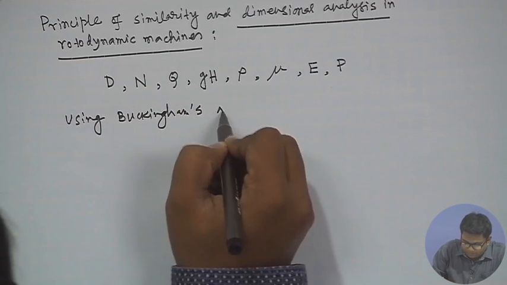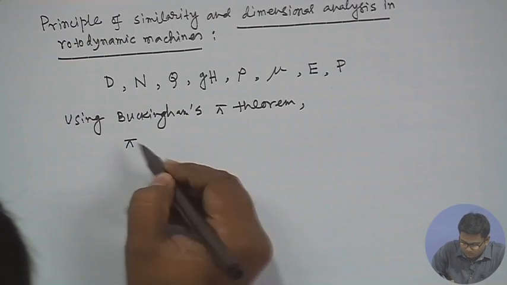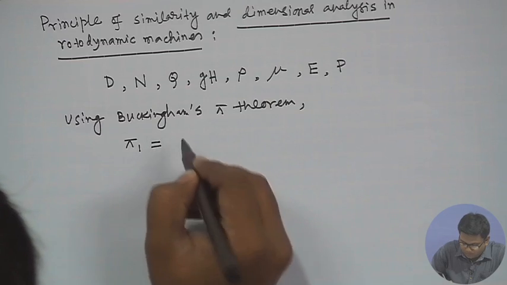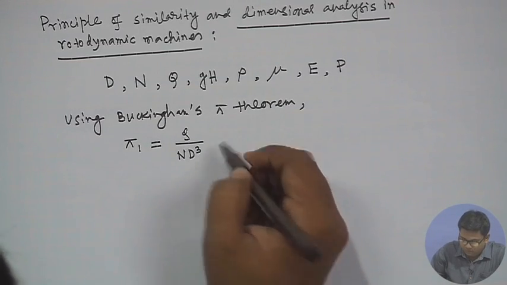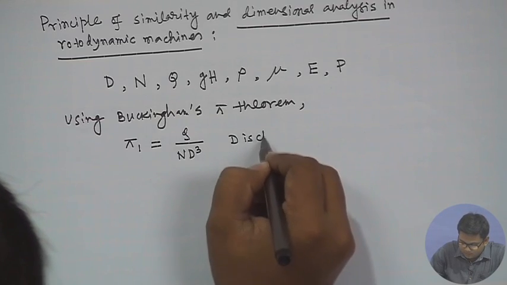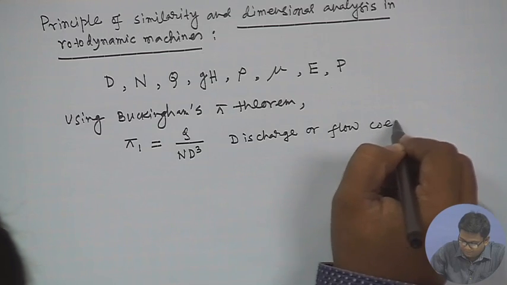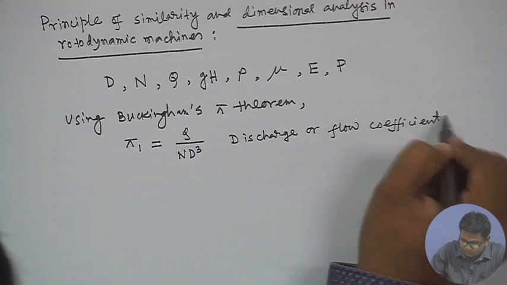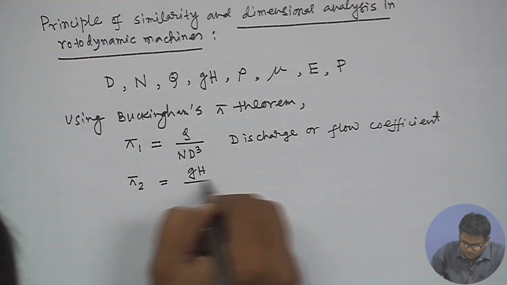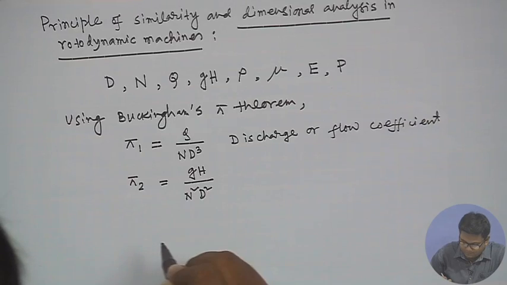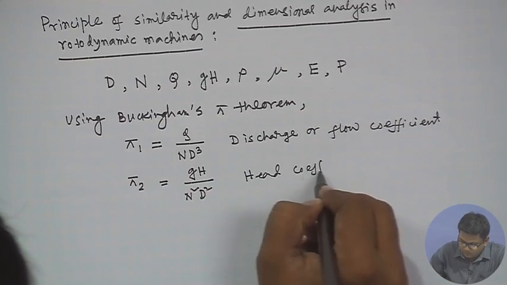We obtained the first term, pi 1, as Q divided by n d cube, which is known as discharge or flow coefficient. The second pi term, pi 2, is gH by n square d square. This is known as head coefficient.